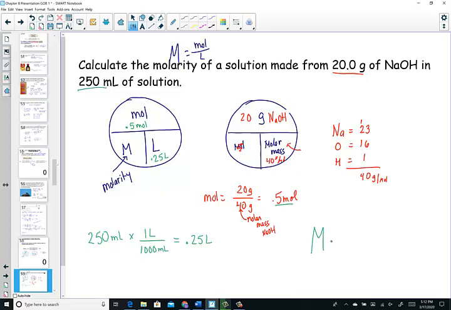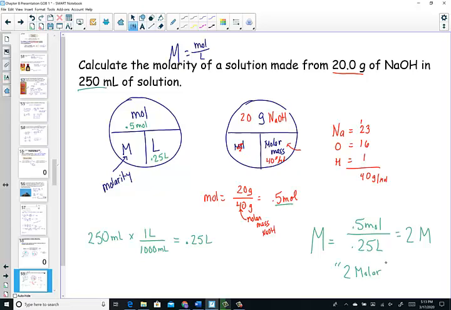So your molarity, big M, would be found by taking 0.5 moles and dividing by 0.25 liters, moles per liter. What is that? Whoops, calculator on. 0.5 divided by 0.25, and that's 2 molar. Let me just say how you would read that. You would say 2 molar.